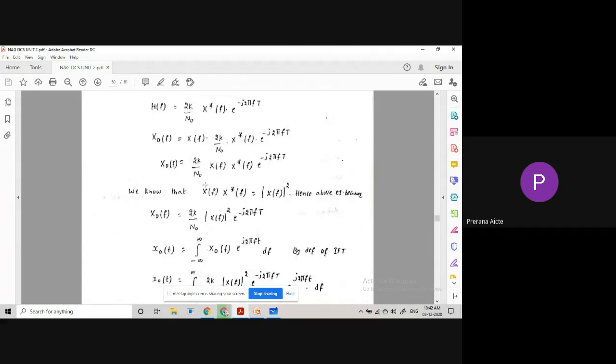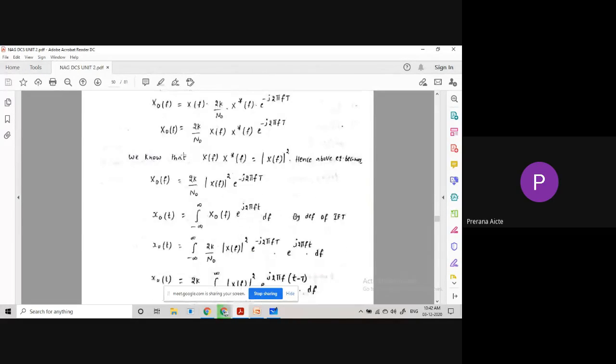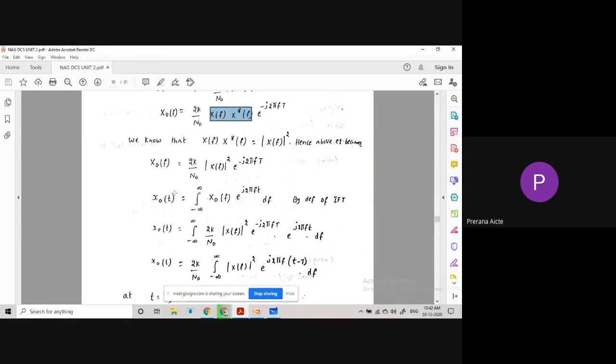We know that the input and its conjugate give rise to the total squared power, so X of f into X conjugate of f equals mod X of f whole square. Replacing with that, the equation becomes X naught of f equals 2K by N naught mod of X of f whole square into e power minus j2 pi fT.